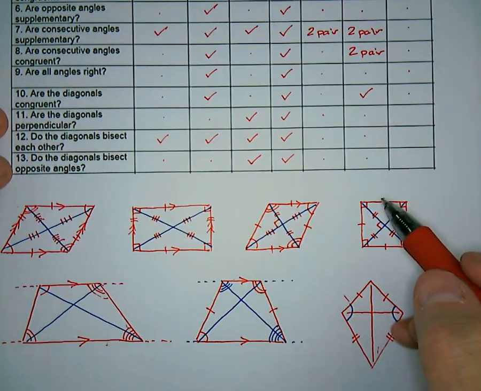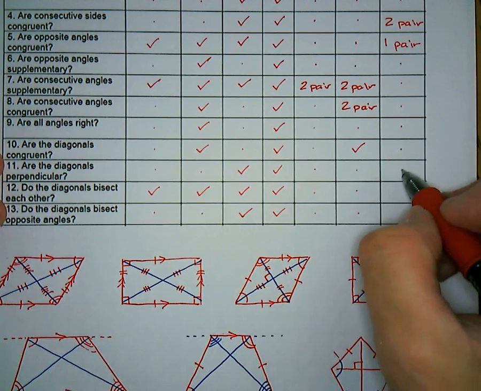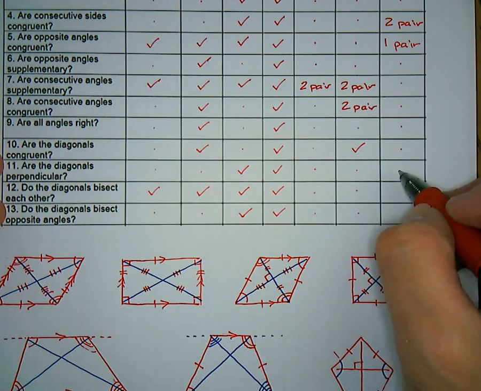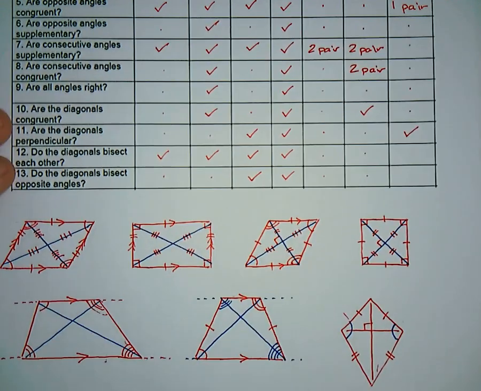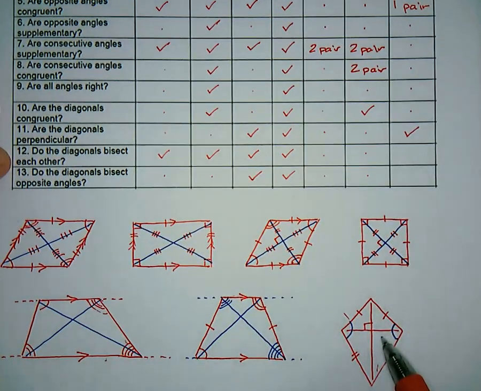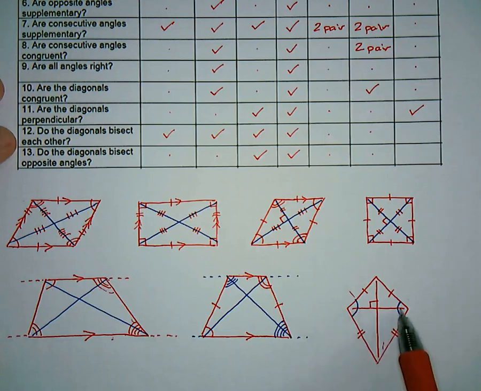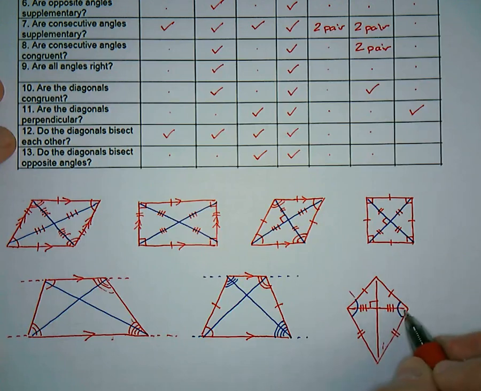Are the diagonals perpendicular? Actually, they cross each other at 90-degree angles. Okay? Once again, imagining the kites that we used to build when we were little kids. Put two sticks at 90-degree angles. Works just like that. Okay? Do the diagonals bisect each other? No. Okay, this, however, bisects this. So we can see that this length from here is the same length from here to here.